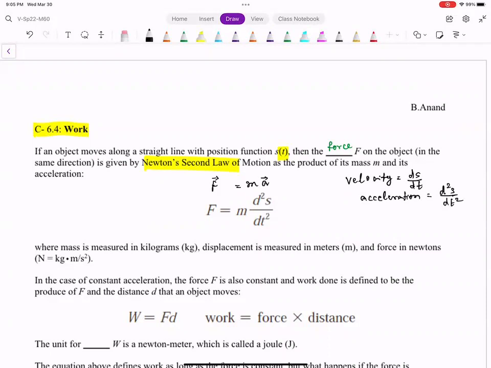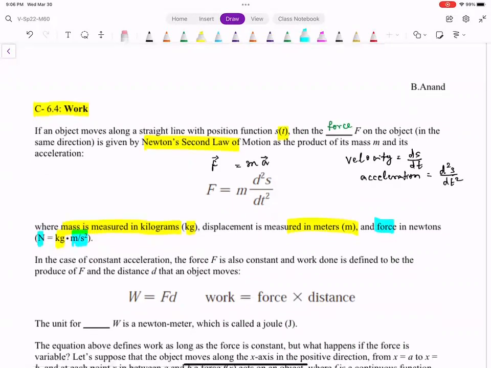So force is mass times acceleration, where m is measured in kilograms, and the displacement is measured in meters, and force is in Newtons, which is kg, mass times acceleration. Mass is kg, and the acceleration is meter per second squared. Kg times meter per second squared is considered to be the units for the force.